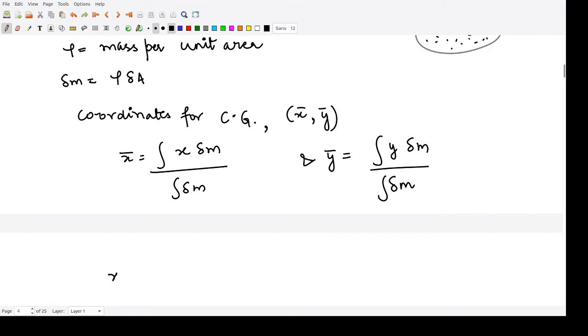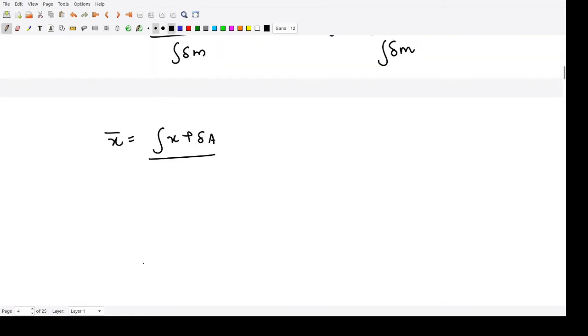So now we will substitute directly the value of this delta m, that is rho del A. So it would be integration x rho del A divided by integration rho del A, and what would be y coordinate? It would be integration y rho del A divided by integration rho del A. So this is one formula.